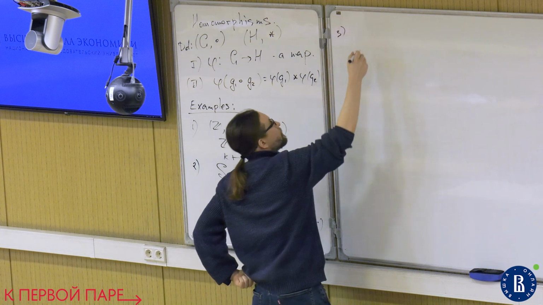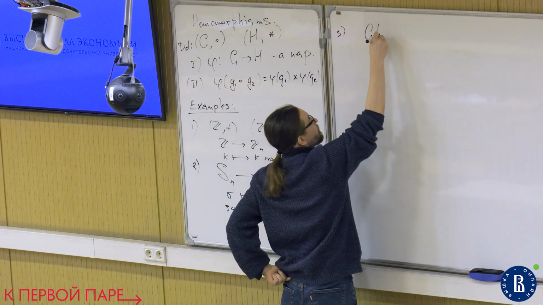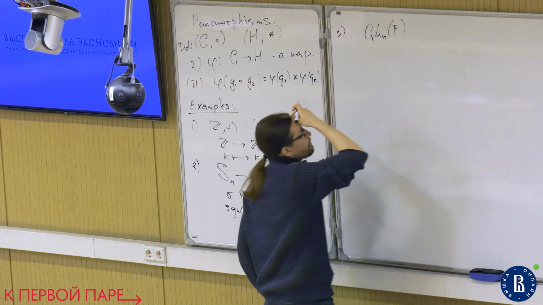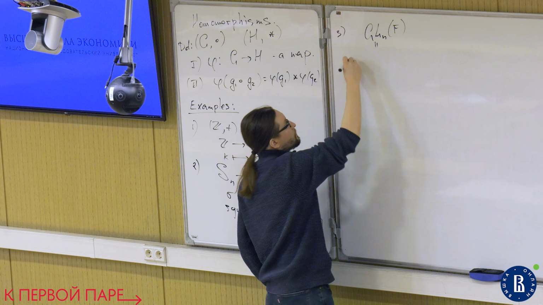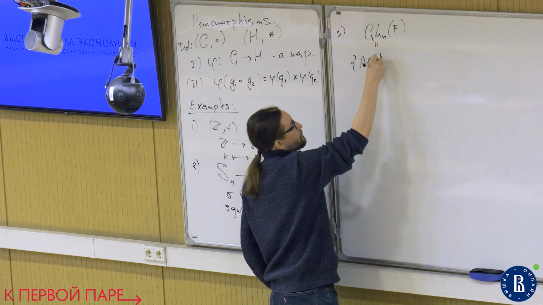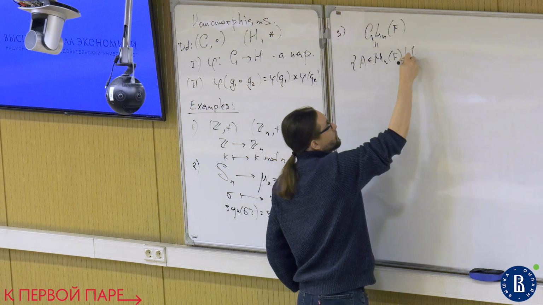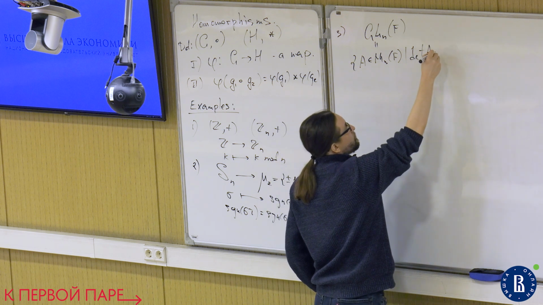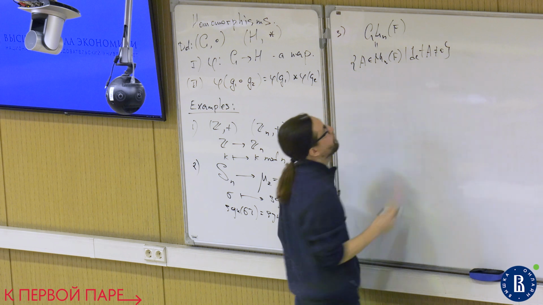Another example, if we take the set of all invertible matrices over a field F, so just in case, this is the set of all square matrices with determinant not being 0.